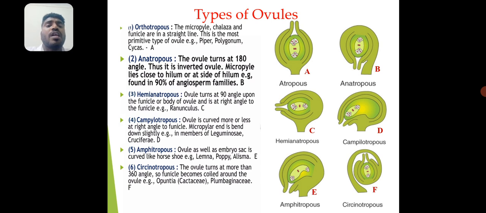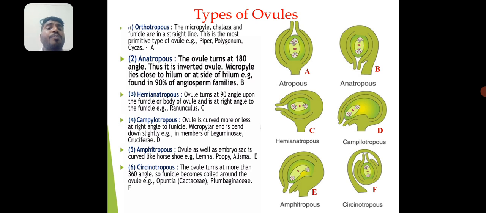Campylotropous ovule: this ovule is curved more or less at a right angle to the funicle. The micropyle end is bent down slightly. Examples are members of Leguminosae and Cruciferae. Amphitropous ovules: the ovule as well as the embryo sac is curved like a horseshoe.